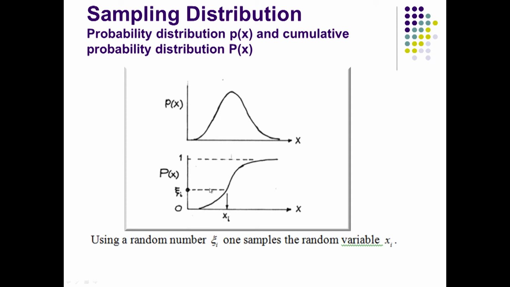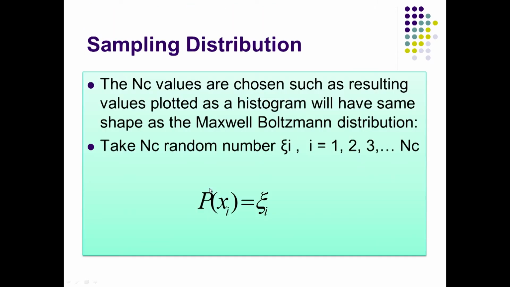So, I can now apply the Maxwell-Boltzmann distribution, and knowing the shape, which is exponential of minus beta u, we are now able to sample that space which belongs to the Boltzmann distribution function.